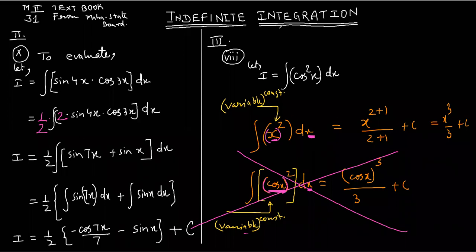Now, something more to it. Some of the students would now be thinking, when the variables are not matching, we are not allowed to apply the result, then how come we apply the result?